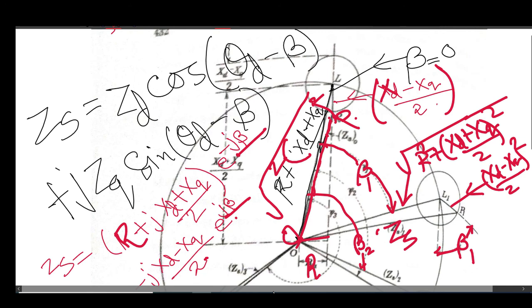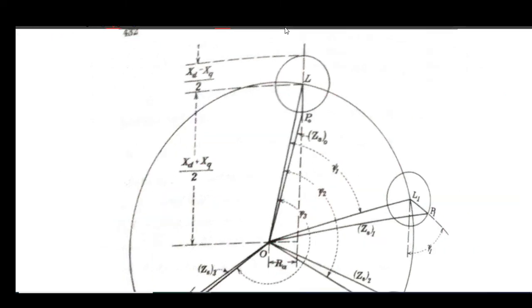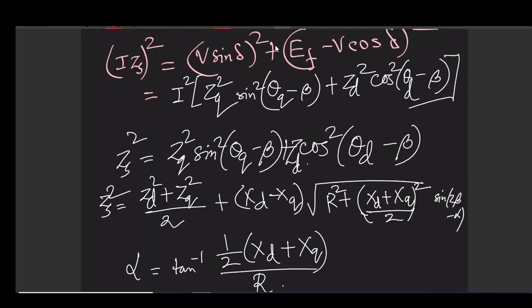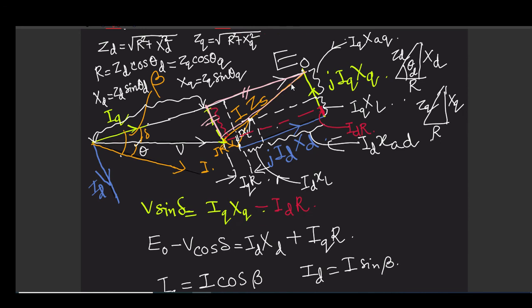Now the last question in this regard is what value of beta gives you the maximum ZS. In order to answer that, you need to check this phasor diagram. Here, what is your ZS? This is your ZS.